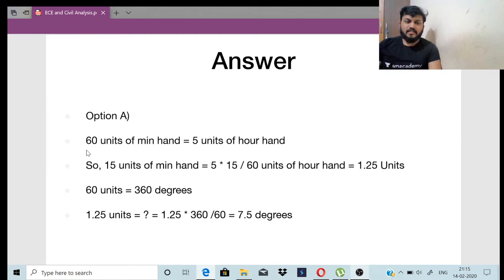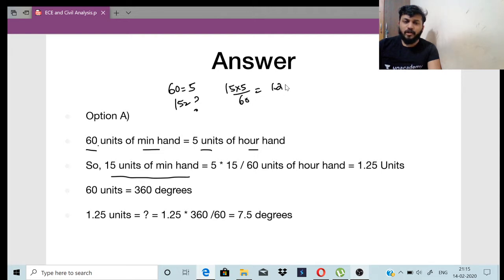So 60 units of the minute hand is equal to 5 units of the hour hand. Then 15 units of minute hand will be equal to what? Cross multiply: 15 into 5 divided by 60, you'll get 1.25.